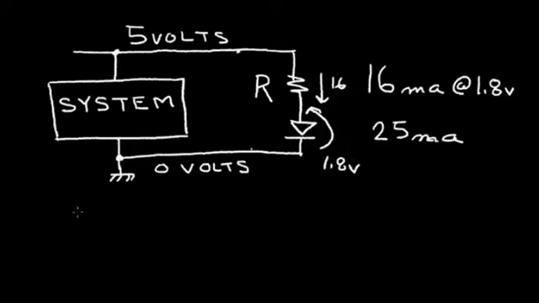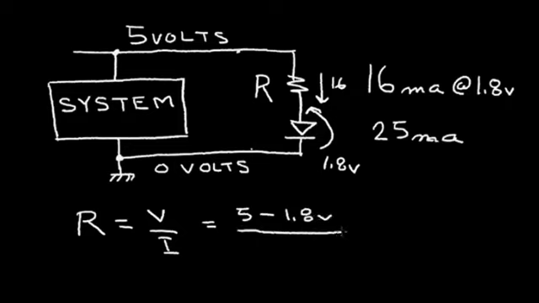So recall that resistance is equal to voltage divided by current. In this circuit, my voltage is equal to the 5 volts minus the 1.8 volts across the light emitting diode, divided by my current, which I want to be 16 milliamps.